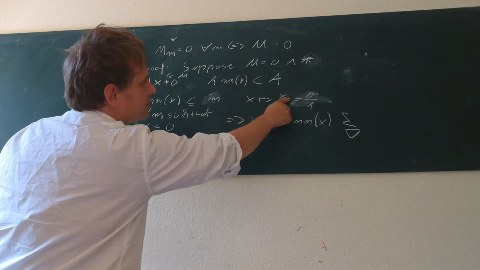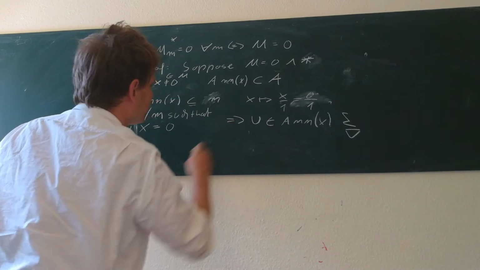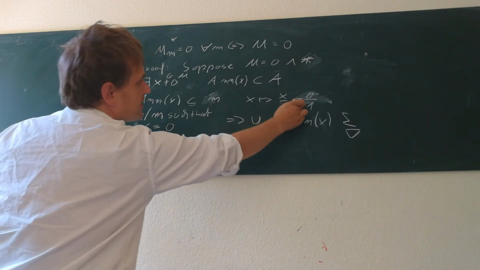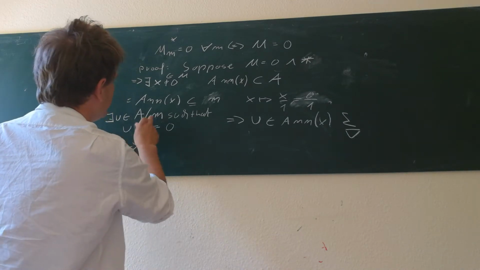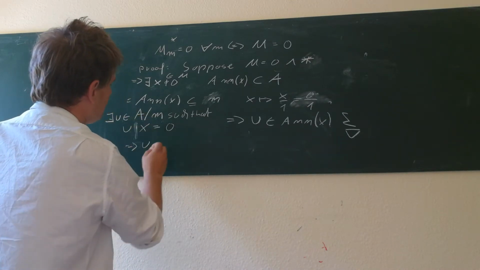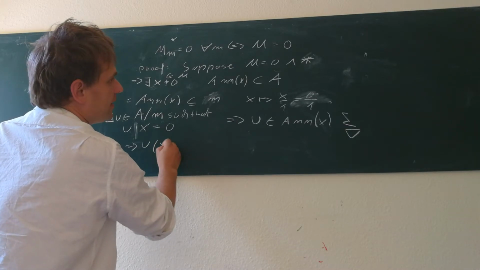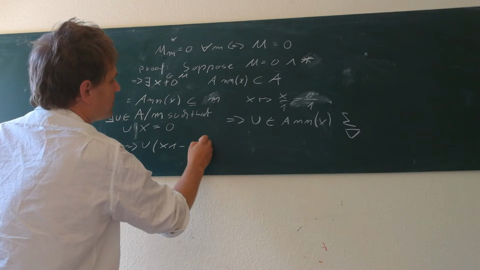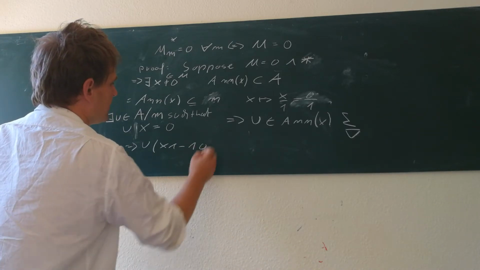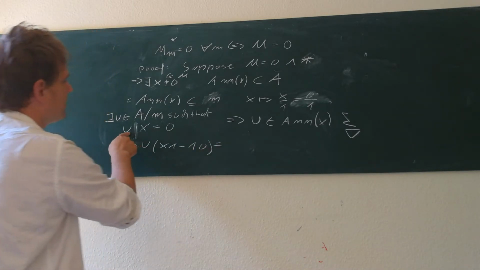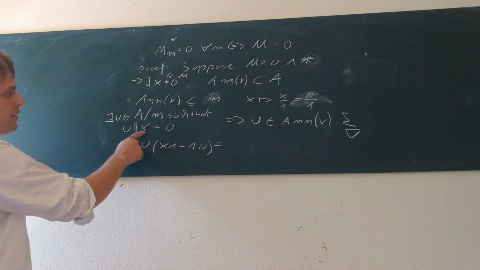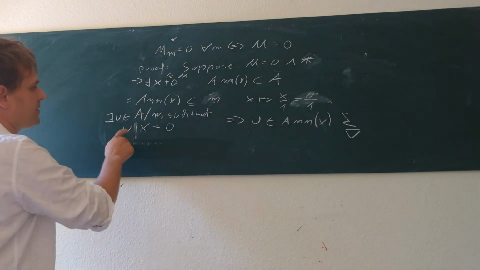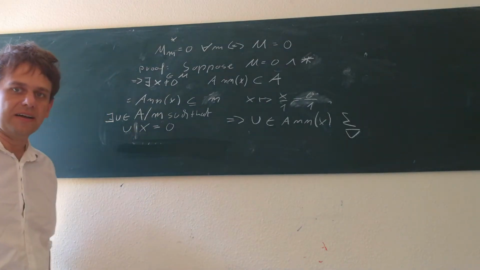So you have this, and now this implies there is a u inside A without m, such that u times (x times 1 minus 1 times 0, which is of course 0) is 0. So we see what I have already written here on the board: there is a u such that u times x is 0.